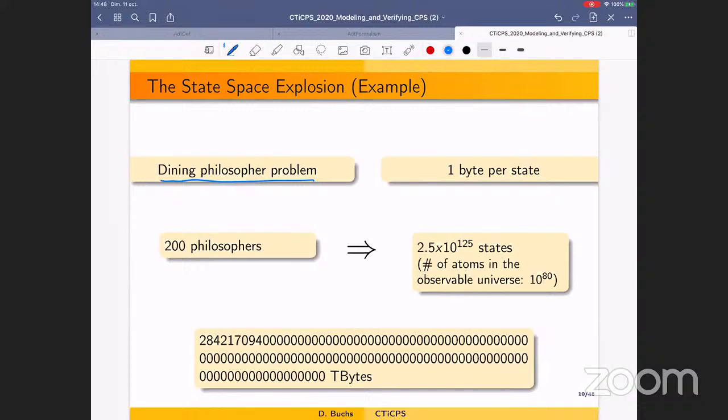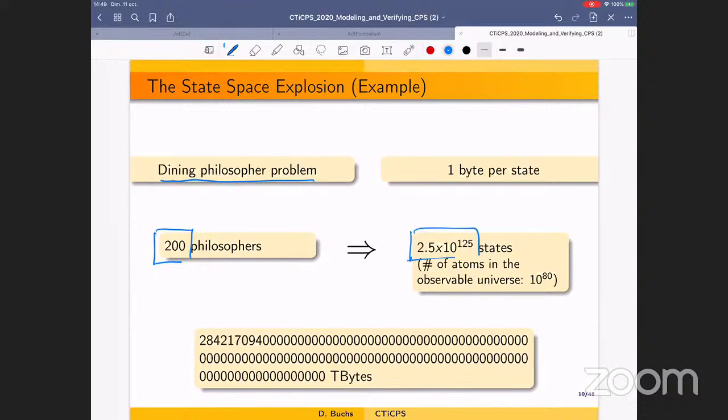And for this, they need some protocol to acquire the forks and be able to pass from the think state to the eat state. So this is something which is a little bit heavy because the combinatorics implies a lot of combinations. So for a problem which is easy to write, you have a number of states which is not manageable.